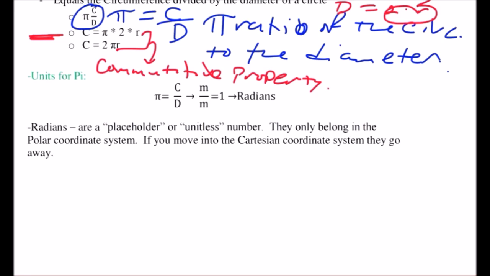If you're going back to the Cartesian coordinate system, then radians go away. Now, if you're asking about what mode your calculator has to be in, it doesn't matter. The only time that matters is if you're hitting the sine, cosine, or tangent button on your calculator. If you're not touching those, then it doesn't matter what mode you're in. Everybody have all of this stuff? All right.